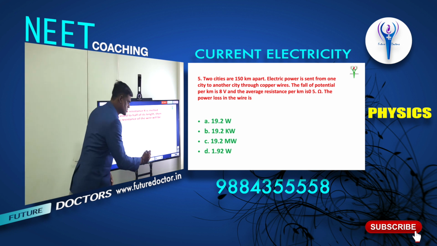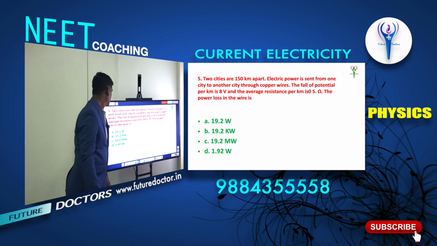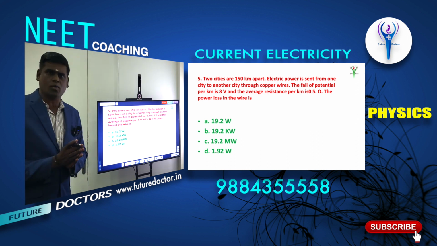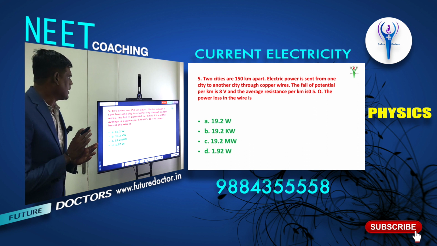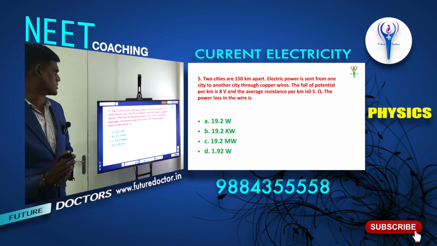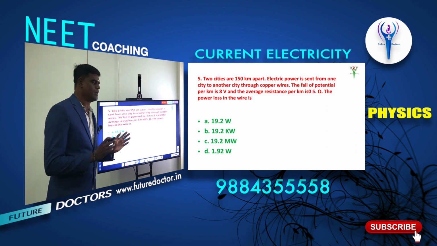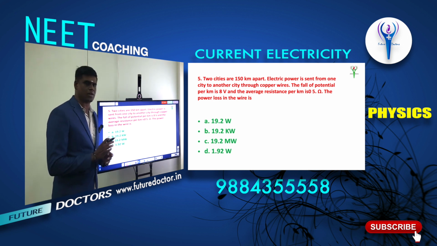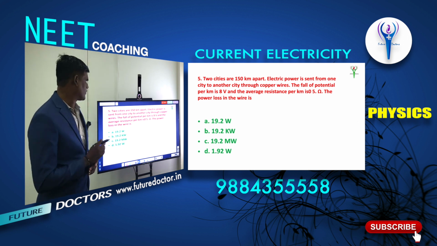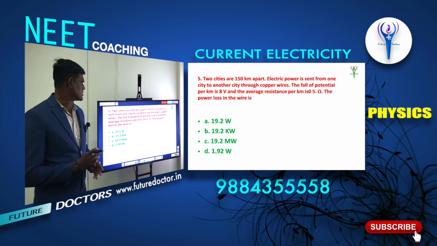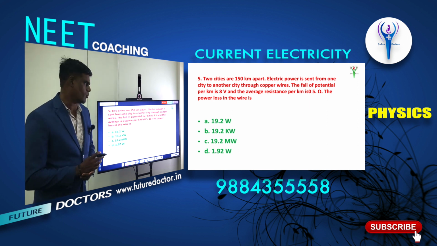Next question, question number 5. Fifth question, two cities are 150 kilometers apart. Electric power is sent from one city to another city through copper wires. The fall of potential per kilometer is 8 volts and the average resistance per kilometer is 0.5 ohm.